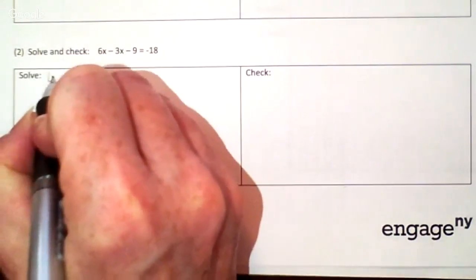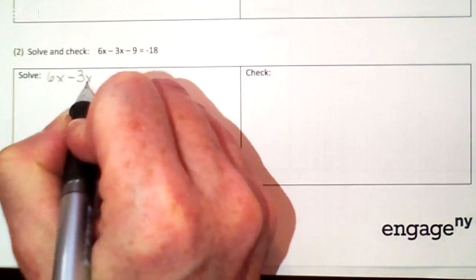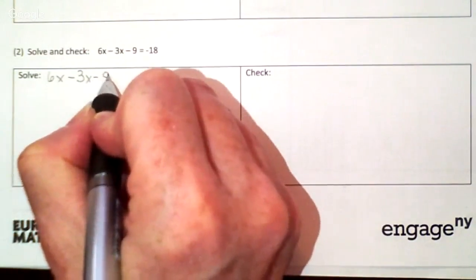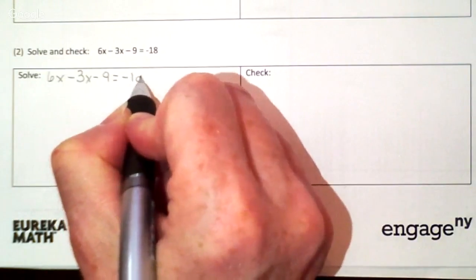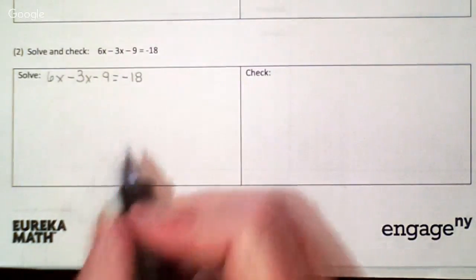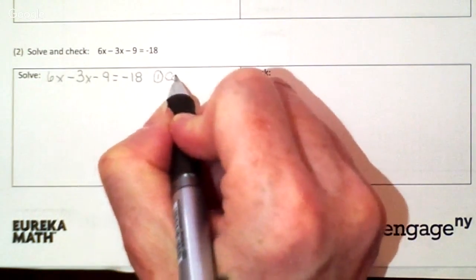Our next equation is 6x minus 3x minus 9 equals negative 18. So here again, step 1, combine like terms.